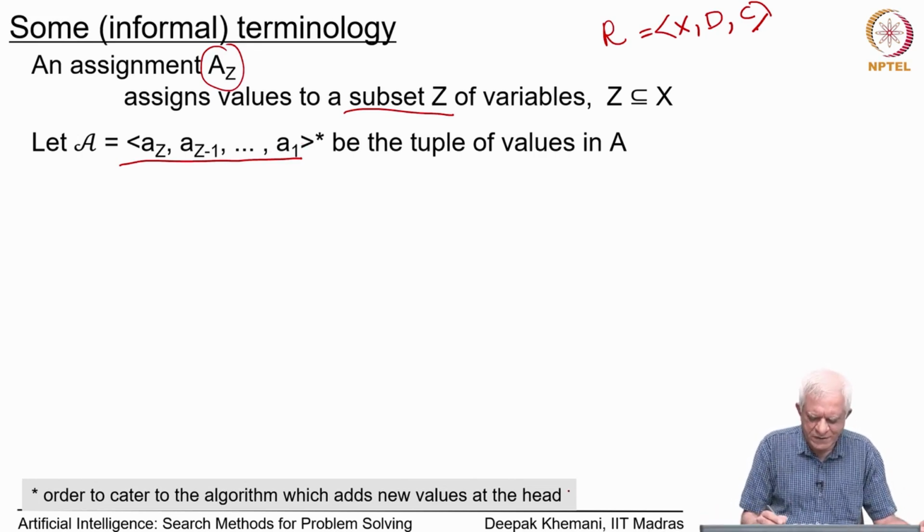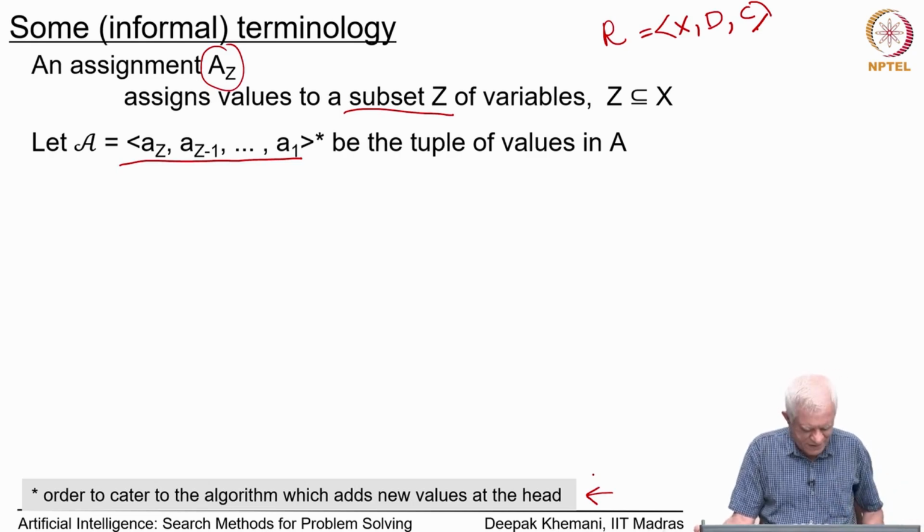As noted below here, we have written them in the reverse order simply because we will be adding the new values at the head of a list. We will be treating it as a list essentially. Otherwise, it has no significance. You could have written A1 to AZ, but this is just consistent with the algorithm that we will look at.